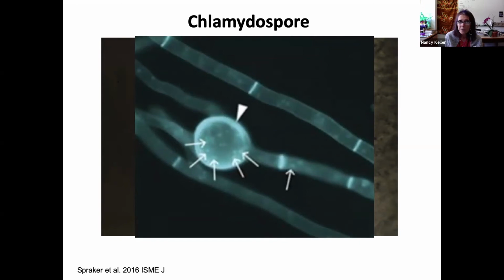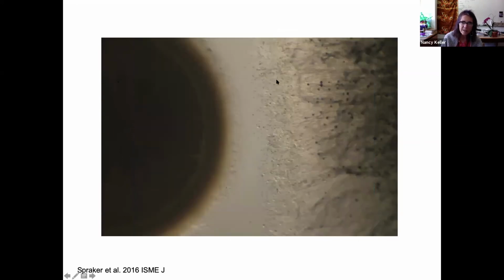A chlamydospore, for those who are not familiar, is a very large spore resistant to environmental stresses. It can grow within the mycelium, either intercalary or terminally. It's characterized by a very thick cell wall with a lot of chitin in it, and usually has a lot of nuclei in it. Well, we were really pretty surprised to see this because Aspergillus is not known for making chlamydospores.